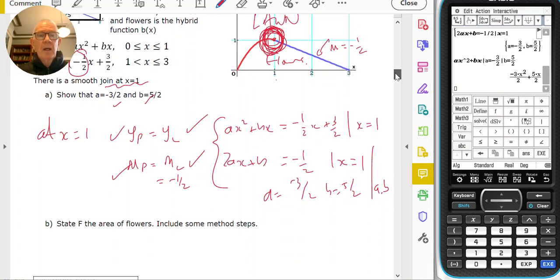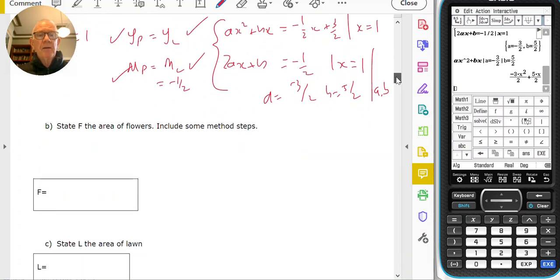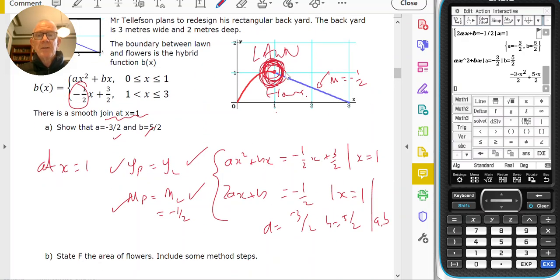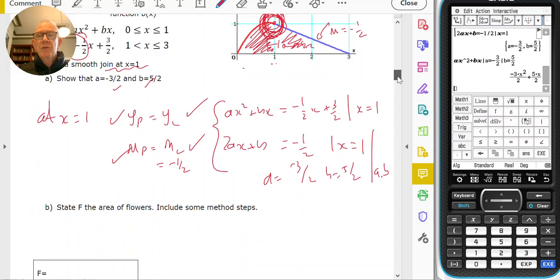Okay, so part B, state the area of flowers, including some method steps. So flowers is in here, it's going to be the area under the red parabola from 0 to 1, plus the area under the blue line from 1 to 3.